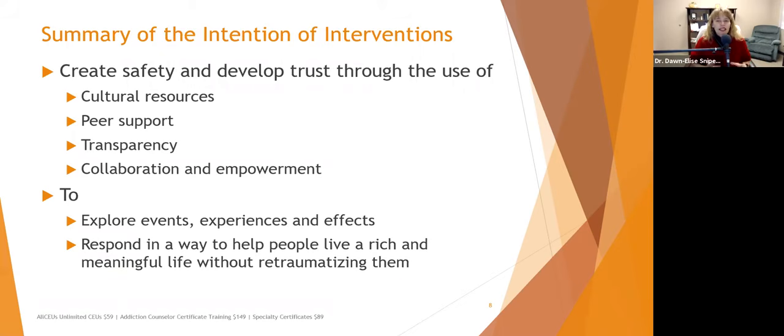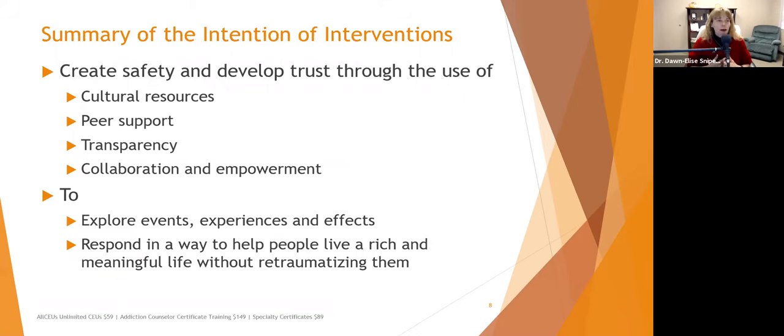We do this in order to help clients get to the place where they can explore the events, the experiences, and the effects of those events, and respond in a way that will help them live a rich and meaningful life without feeling like they are being regularly re-traumatized. Traumatization happens when people feel a lack of control.